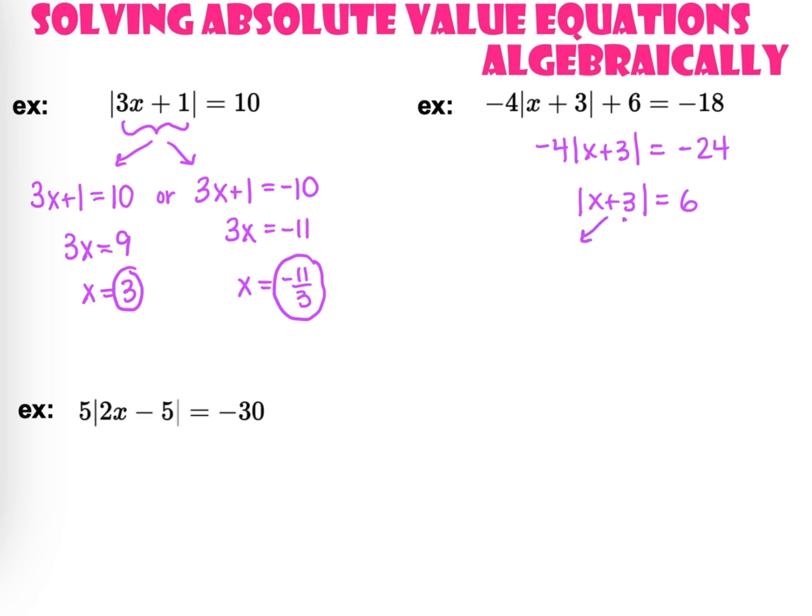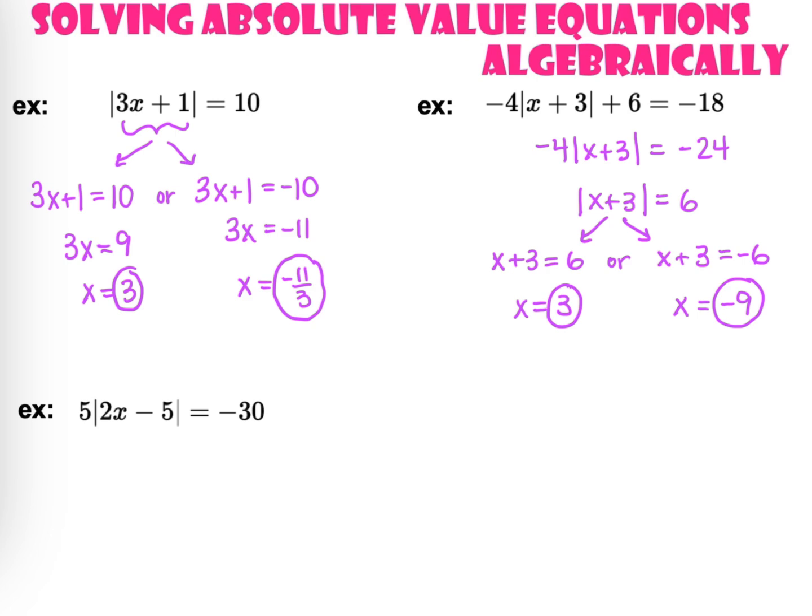I know that there's two numbers that could have an absolute value of 6. Six or -6, and then we just solve both of those. And again, we got two solutions.